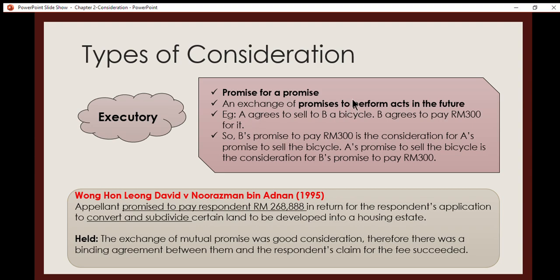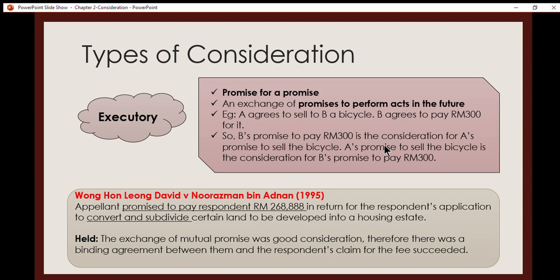So both parties here provide consideration. B's promise to pay 300 ringgit is the consideration for A's promise to sell the bicycle to B. And A's promise to sell the bicycle is the consideration for B's promise to pay 300 ringgit. What if B failed to provide consideration? In other words, B failed to pay for the bicycle.